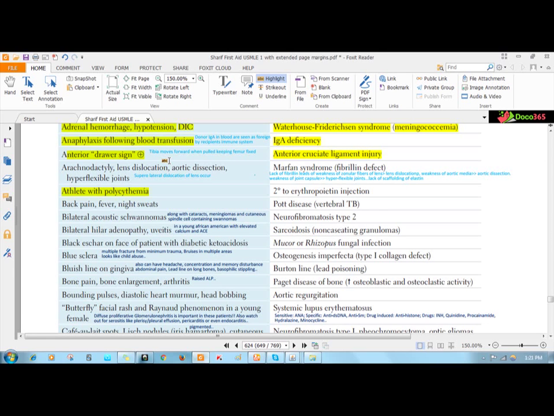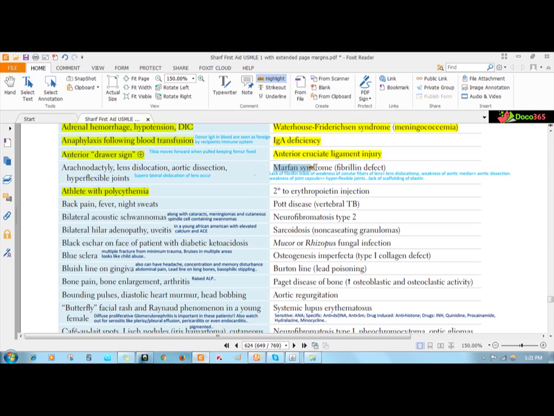Whenever you have damage of the posterior cruciate ligament, you will have a posterior laxity of the tibia. So if you fix the femur and press on the tibia, the tibia will go backwards more than normal. It will be lax in the backward direction, so it will be called a positive posterior drawer sign. Okay, that's about the cruciate ligaments.